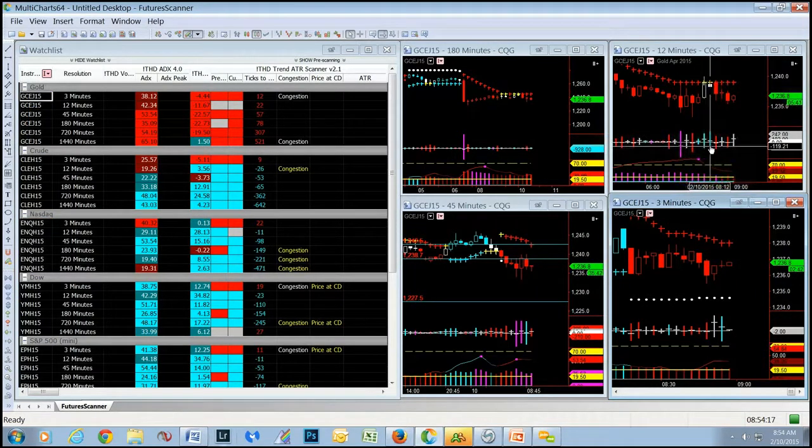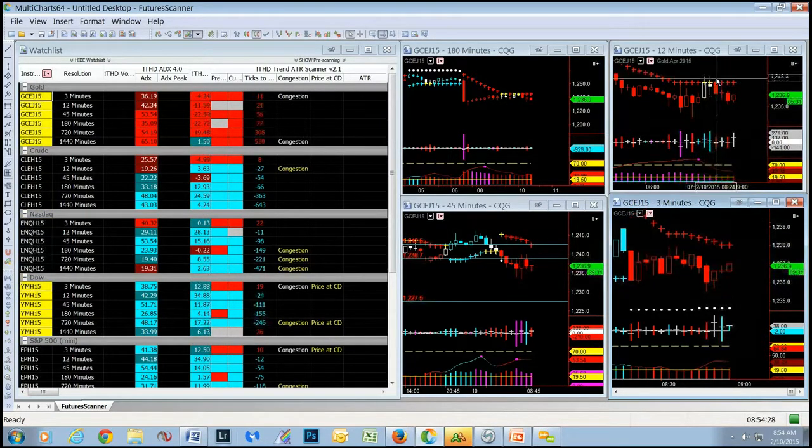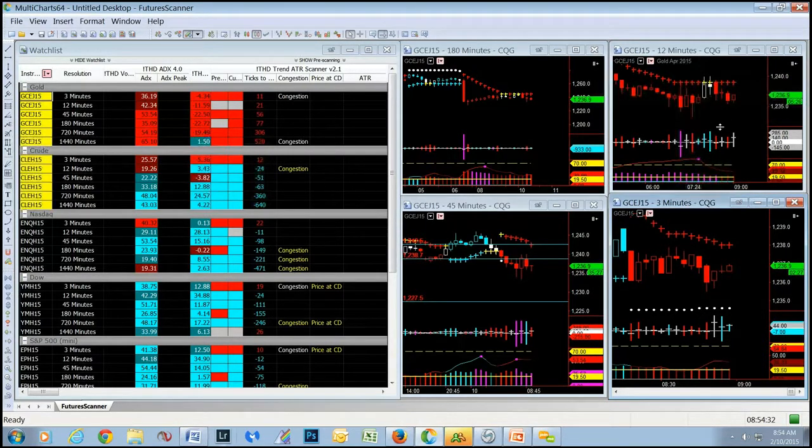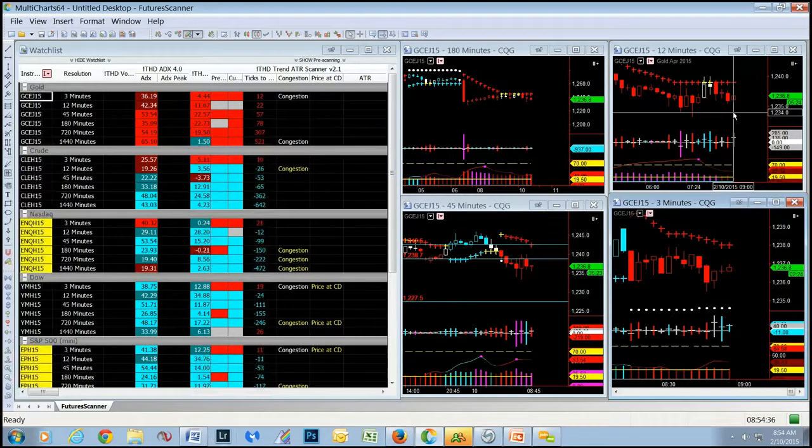Would I get excited about that? No, not really. I would want to see it flip to the downside. They still maintained control. Even though they decreased, they maintained control. You say, oh, but you missed a trade. Well, that's not my trade. Do you understand that?